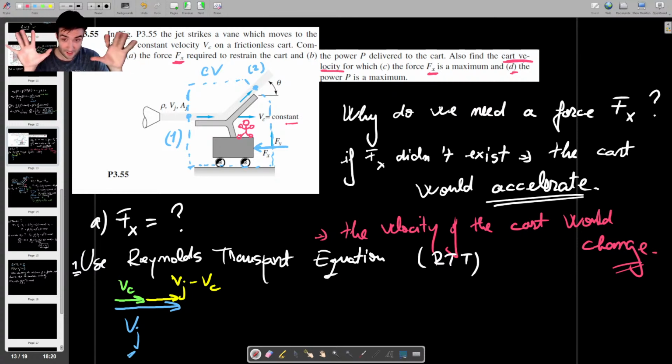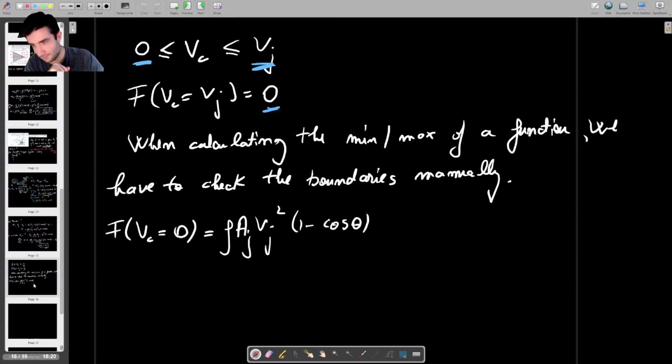But if you want the cart to stay in place, you have to apply the highest possible force. And of course, you're going to apply an even higher force if you start pushing the cart against the jet as well. So hopefully that makes sense.